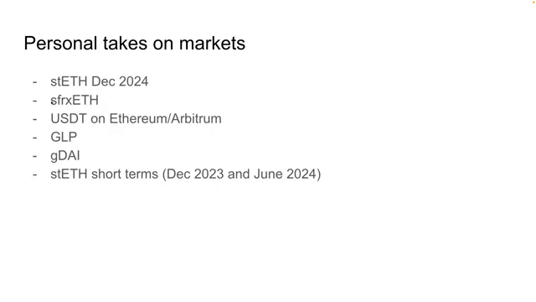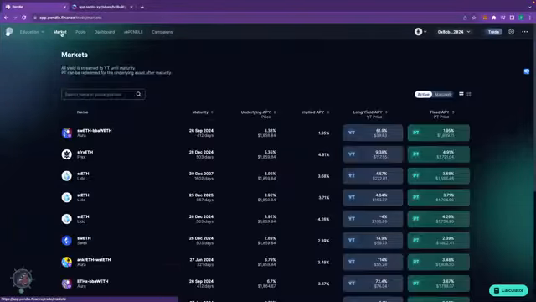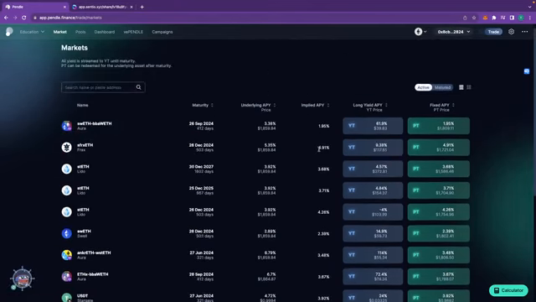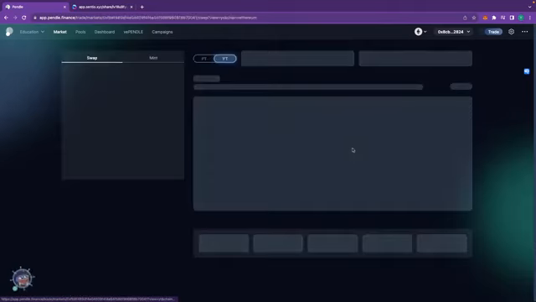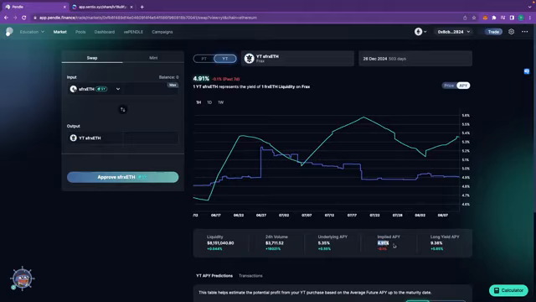Next one is the Abstract ETH market on Ethereum. This market is interesting in the sense that, without looking at any other details, just the raw 4.9% fixed yield on ETH terms is very attractive to me.